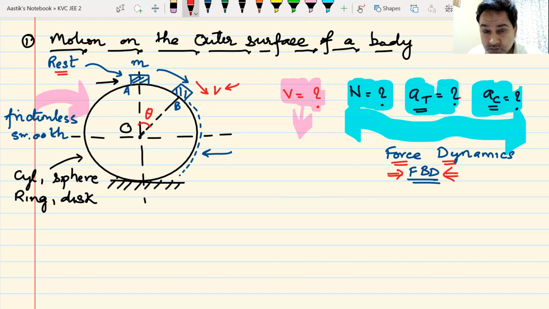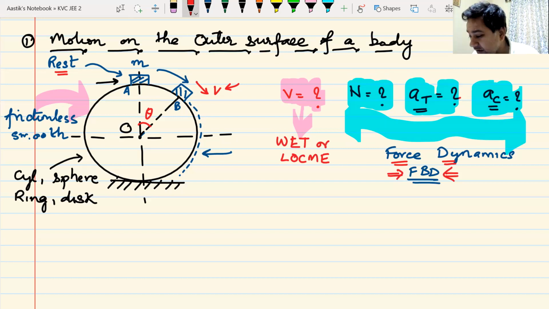Using the work energy theorem, WET, or the law of conservation of mechanical energy. In almost 99% of cases, whenever velocity or angular velocity is asked, you have to apply this.